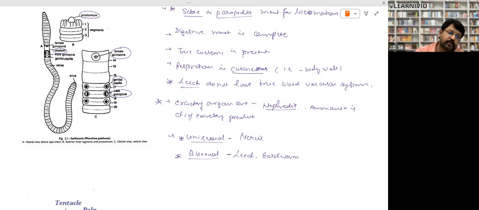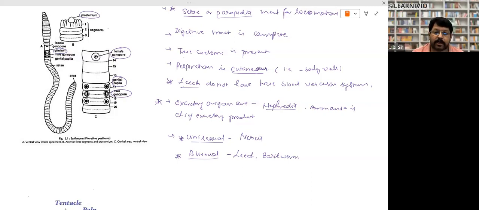Afaf, Martin? I don't know. Cutaneous respiration is when an organism or animal exchanges gases through its body wall or body surface.